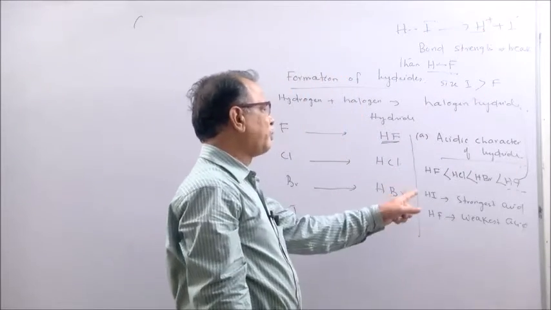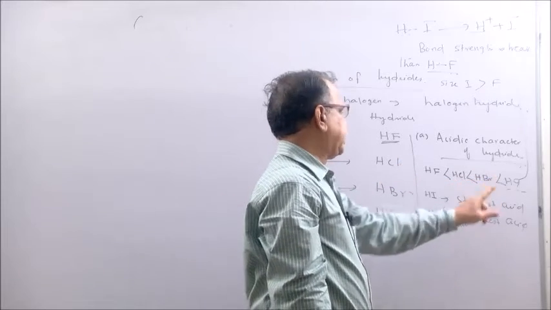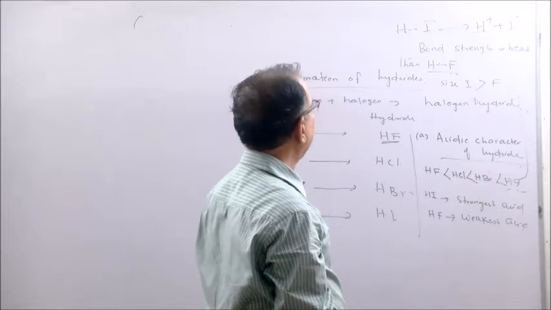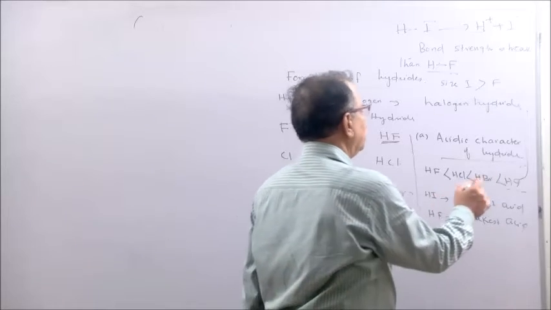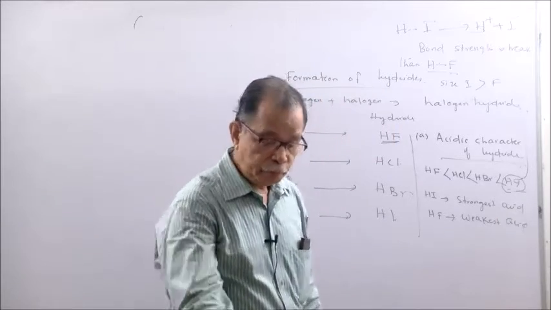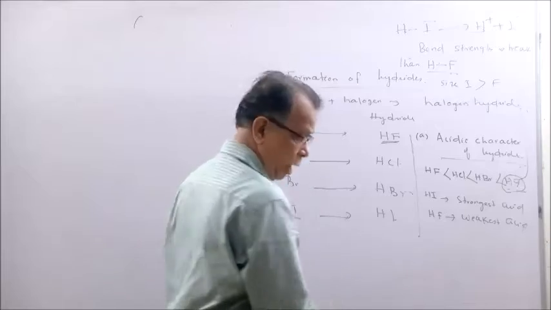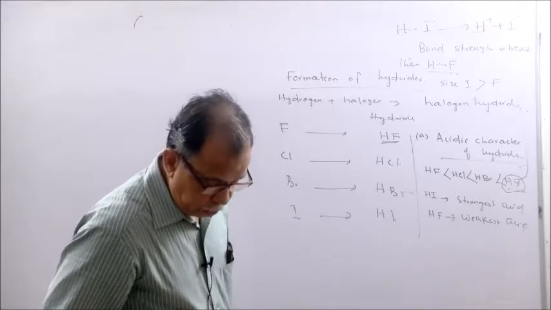Therefore, in the acidic character of hydrides HF, HCl, HBr, HI, HI is the strongest acid because of the weak bond strength of HI. Then I will tell you stability.